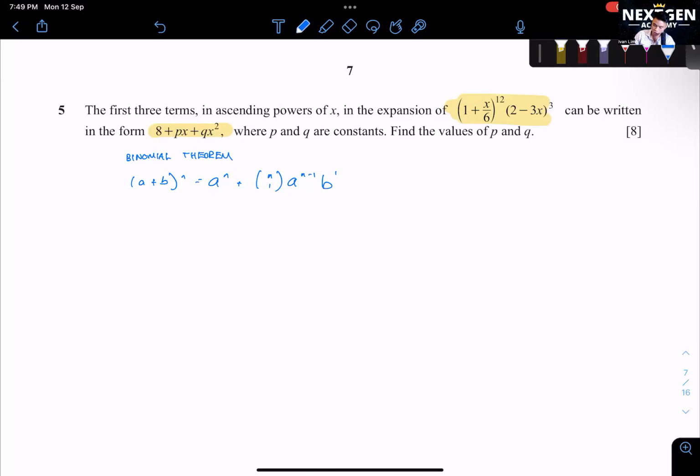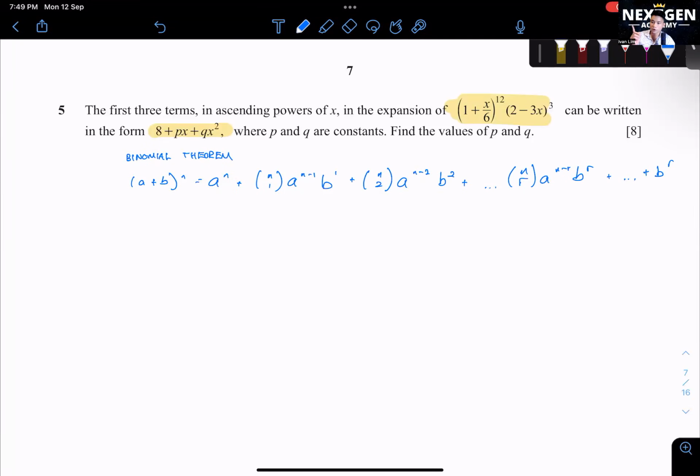So you just write this down first: a to the power of n minus 2, b squared, then plus dot dot dot, nCr a to the power of n minus r, b to the power of r, plus b to the power of n. Write this down if you really don't know.